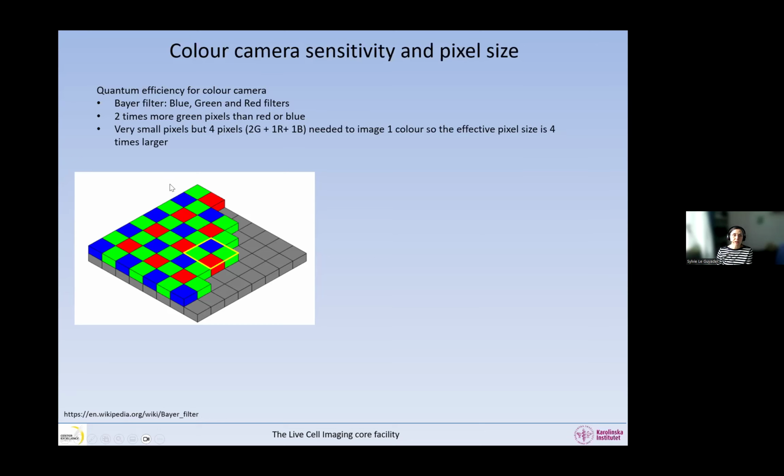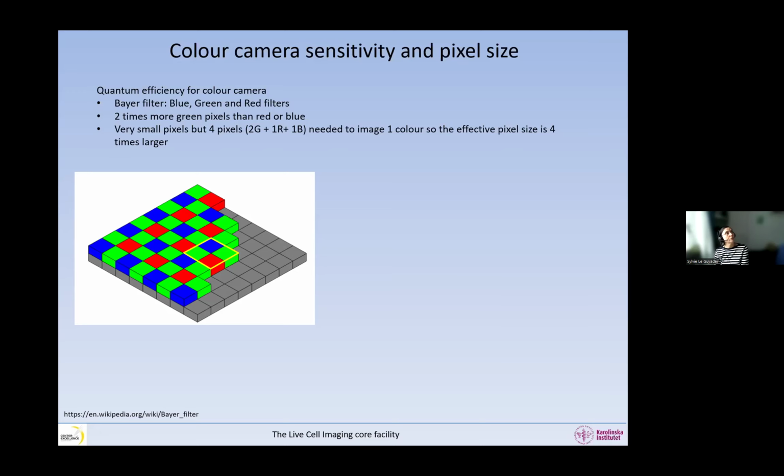But the pixels in general are very small, but in reality, we have 4 pixels giving 1 pixel, because to have a color, 1 pixel in the image that gives us a color, then we need to put all together these 4 pixels. So when you go to the camera specifications, if your camera is a color camera, you might find that it has very, very tiny pixels.